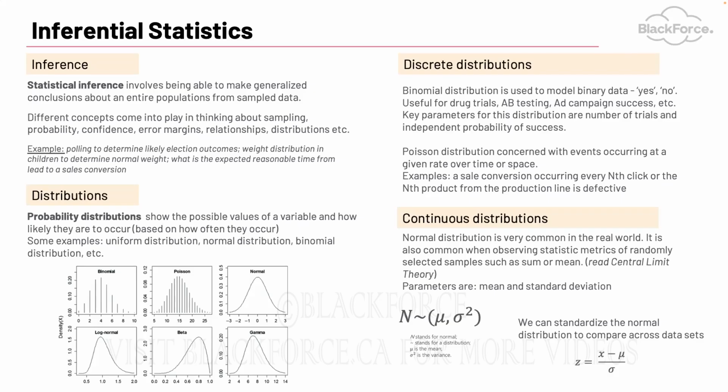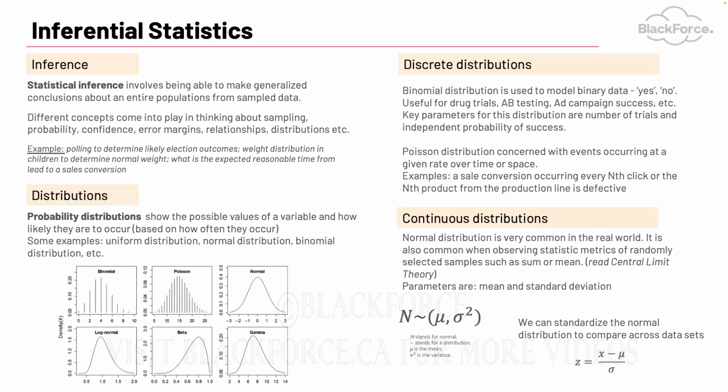So think about probability distribution. Probability distributions show possible values of a variable and how likely those values are to occur in the population. So far we've been talking a lot about frequency distribution for a particular sample. Now think about probability distributions: if we take a sample and have a distribution of that sample, it may not be exactly the same in the population, so we have to start thinking in probabilistic terms.